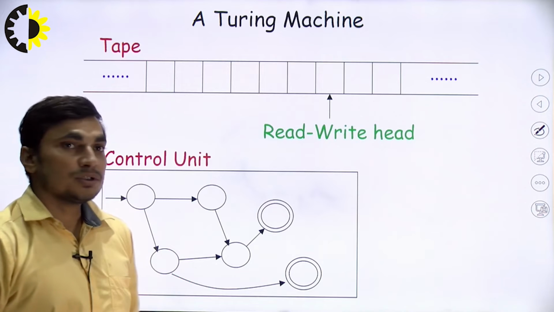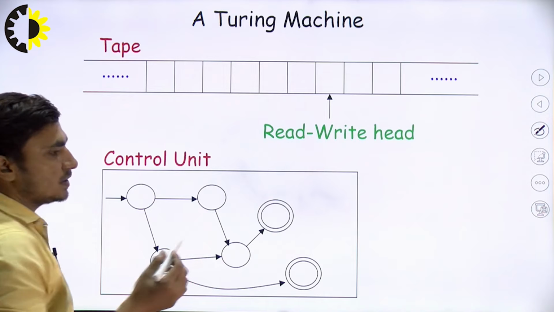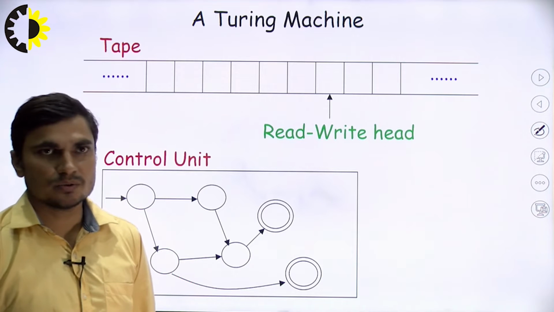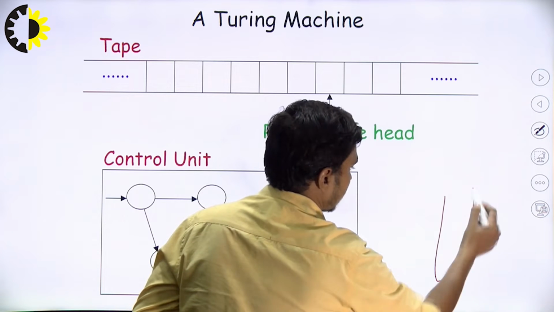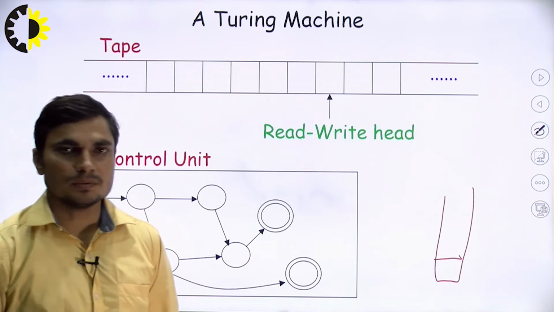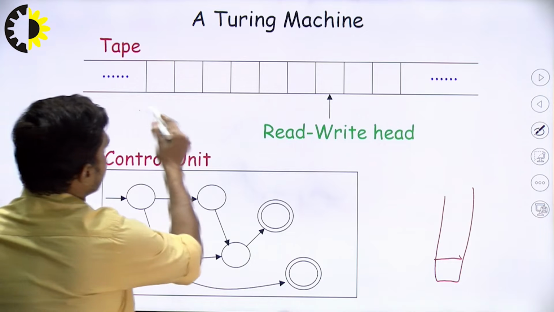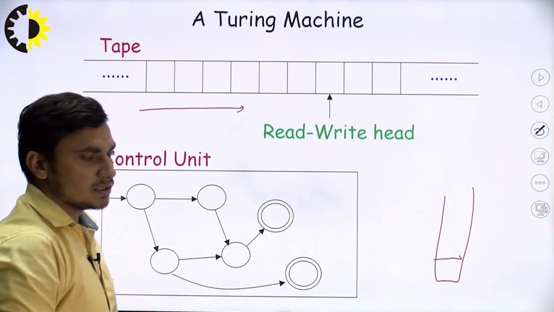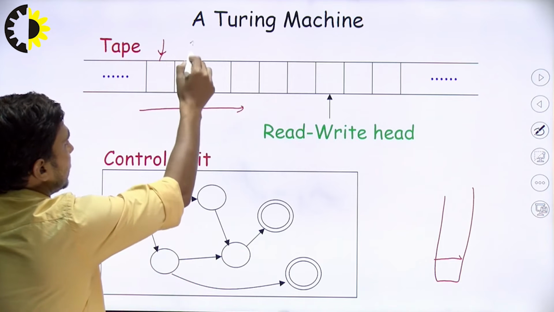A Turing machine is again a kind of machine. The difference between a Turing machine and a pushdown automaton is that in a pushdown automaton we generally use a stack in which we keep a record of certain symbols of the string. In a Turing machine we have a tape, arranged in a linear manner, where each memory block is represented by a cell.